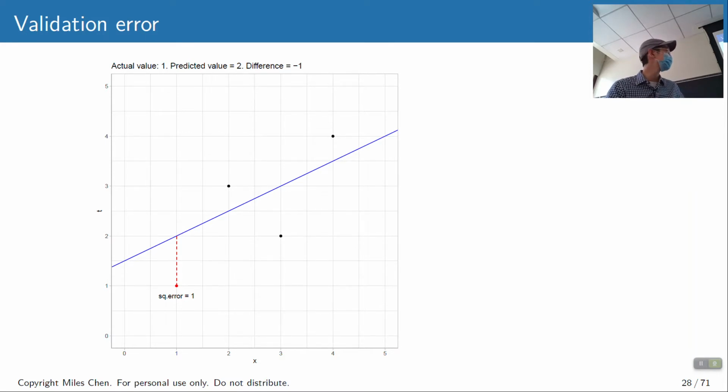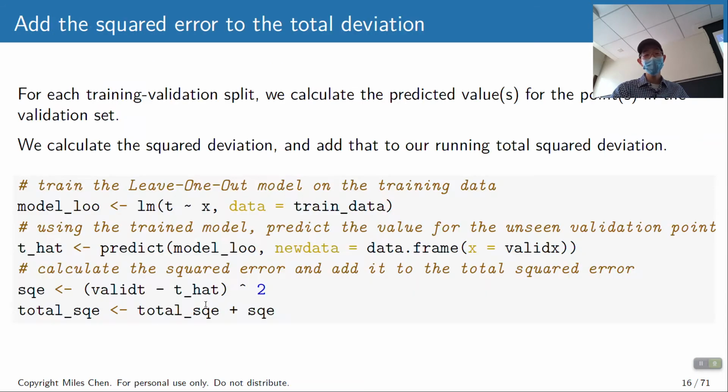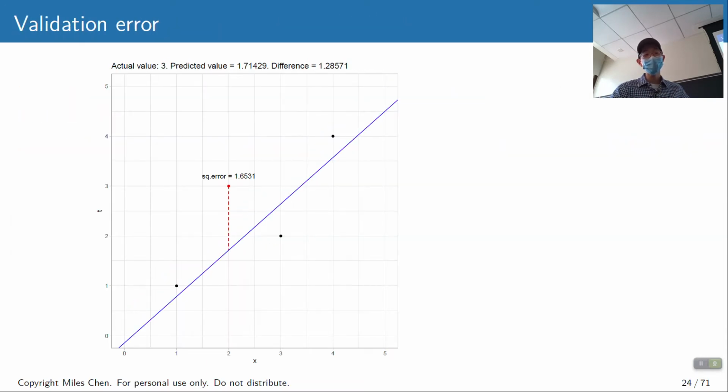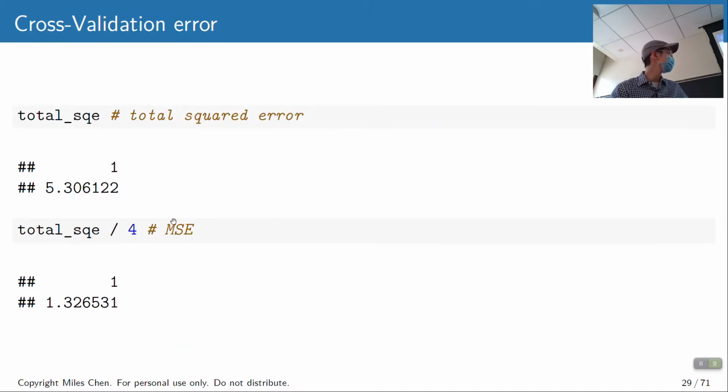Okay, so my 4 errors are 1, 1.653, 1.653, and 1. And so if I add all of those up, I get 5.306.